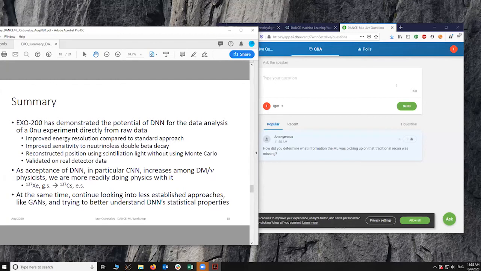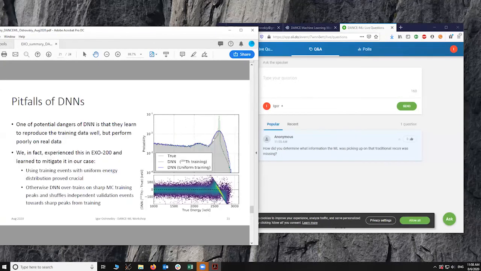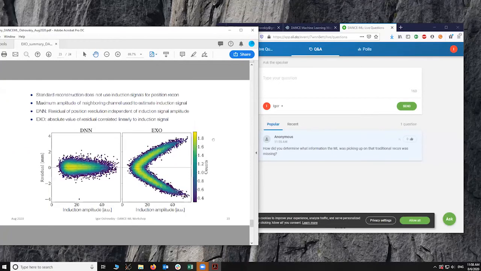And there was another plot that I don't think I have in my bonus slides that also allowed us to pinpoint it even further, correlating the events where we reconstruct energy better than the traditional way to the amount of induction that we add in the Monte Carlo. We also saw that induction signals help us do much better if we want to reconstruct the position.